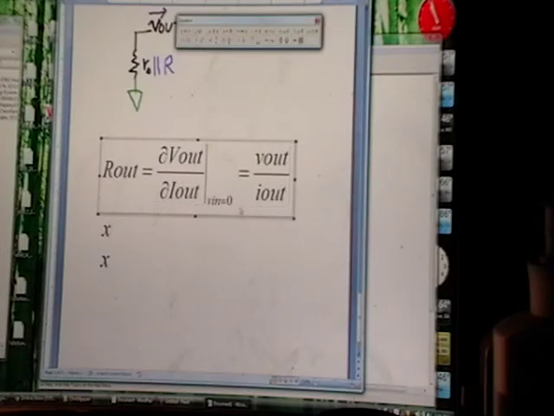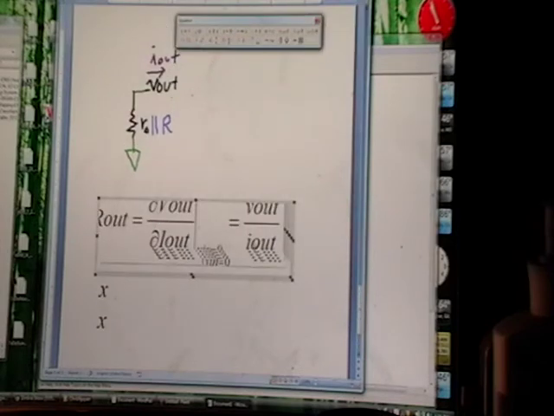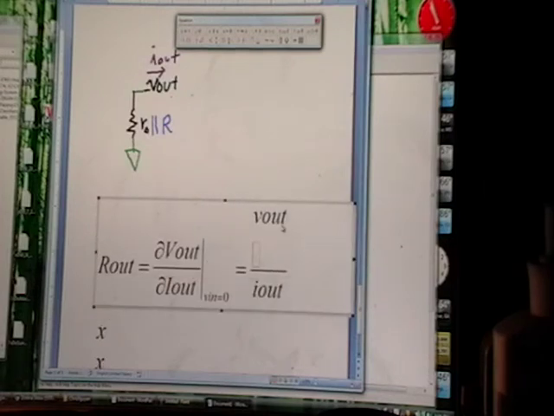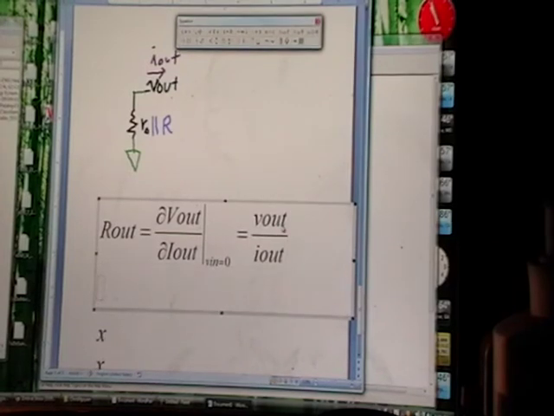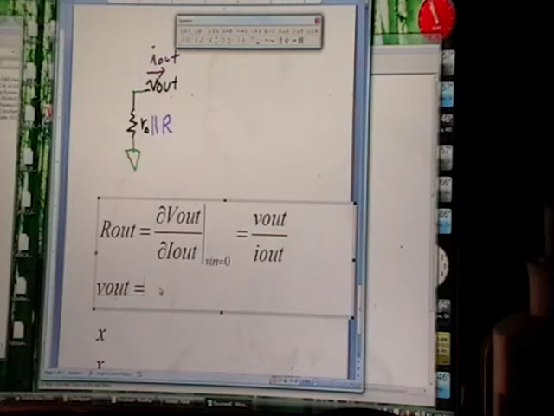We need something that relates V out and I out, and hey, it becomes pretty friendly here. So V out equals I out times RO.